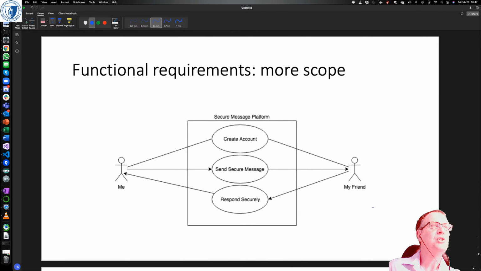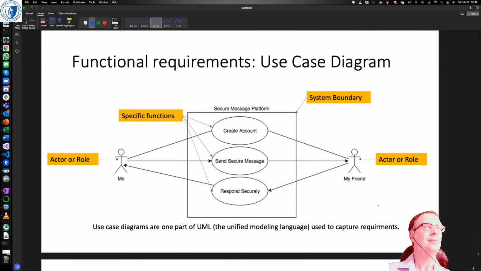So that adds another use case, another ellipse to the diagram. And that's just a labeling of the same as I did earlier of writing everything, right? We've got actors or roles, we've got a system boundary, we've got specific functions, and then I didn't label the connections between them, but they're the interfaces that allow us to communicate between the actors and the internal functions.